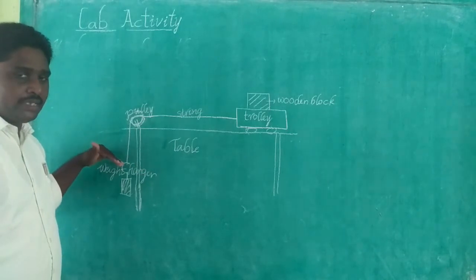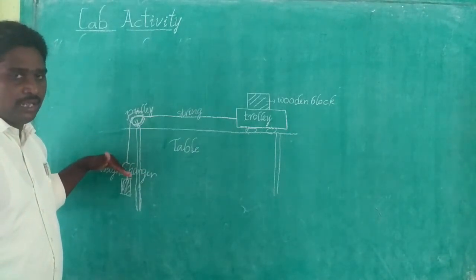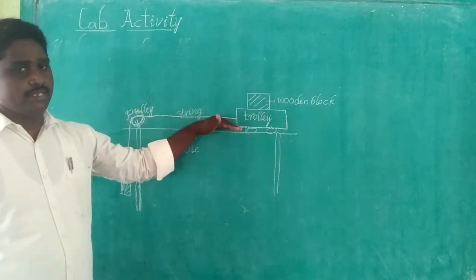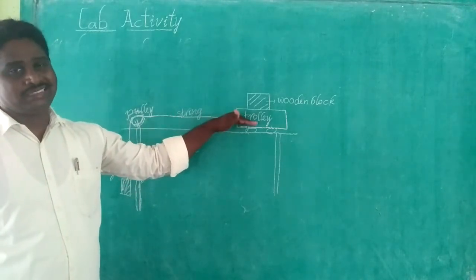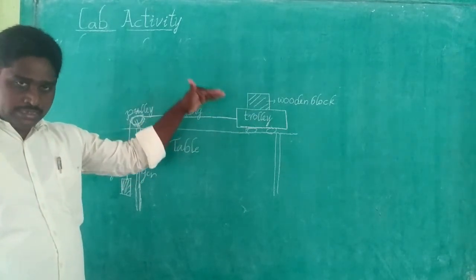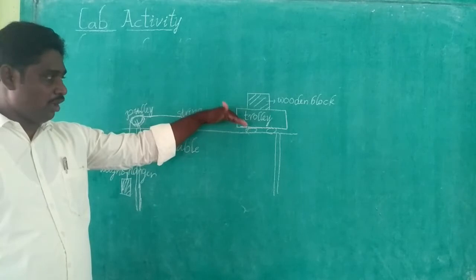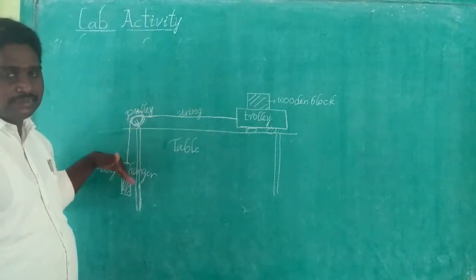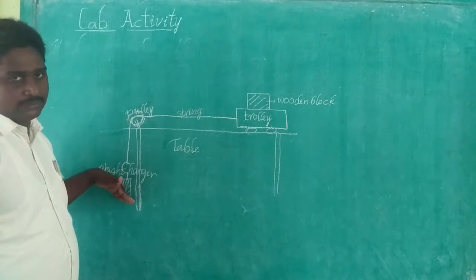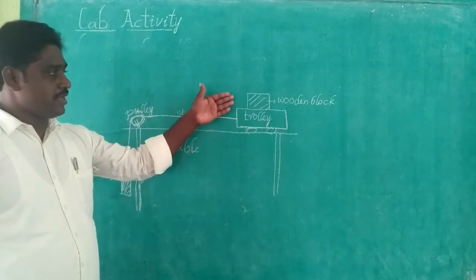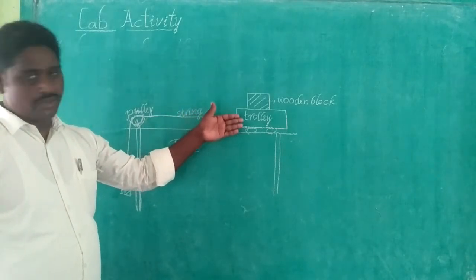So now increase the weights in the weight hanger. We observe that the trolley gets more acceleration. So here we want to increase the acceleration of the trolley. Weight increases in the weight hanger. So we observe the motion of the wooden plank and trolley.